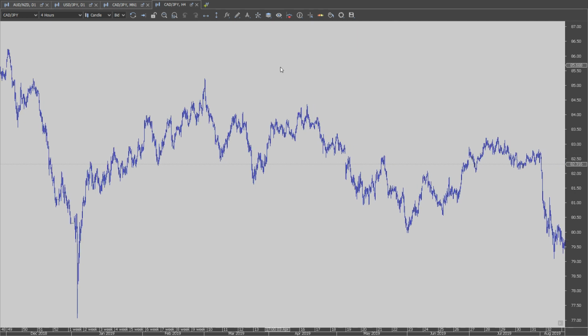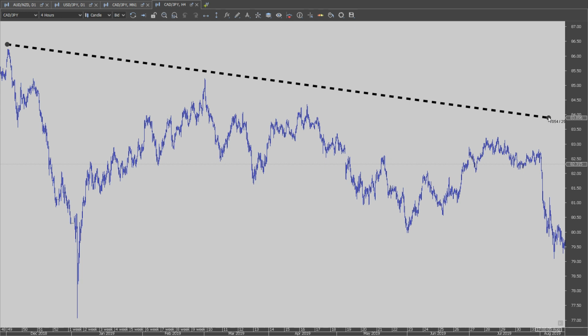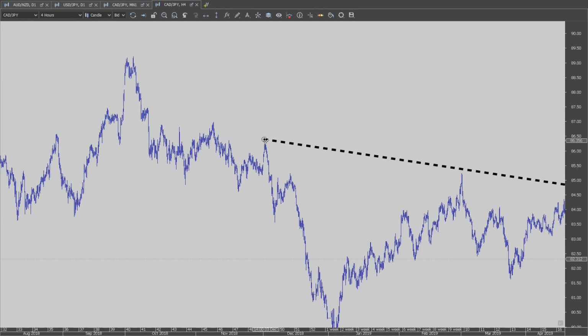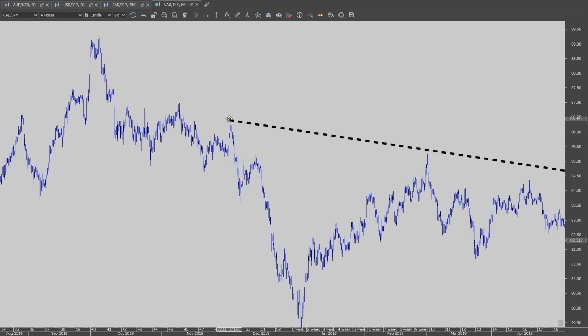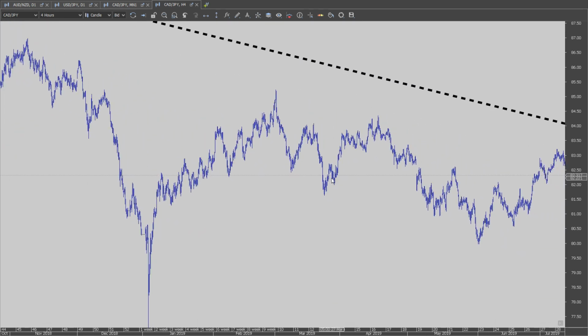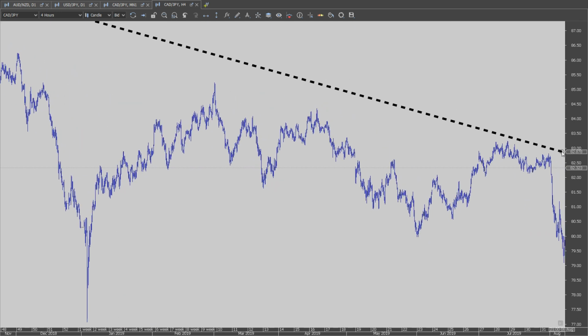We are here. So where is our down trend line? Let me check. Our down trend line, the long term, it would be here, right?